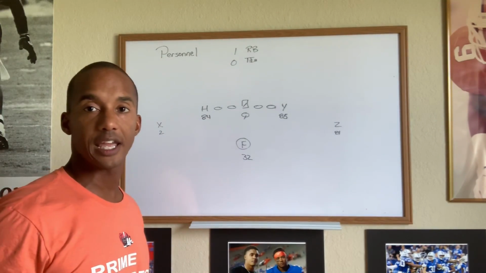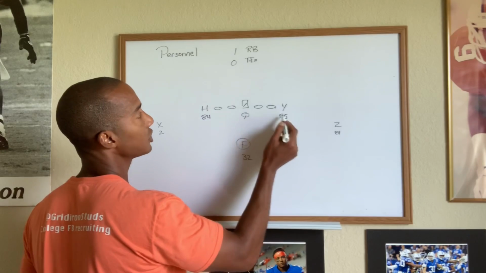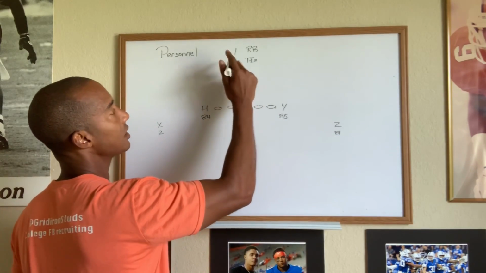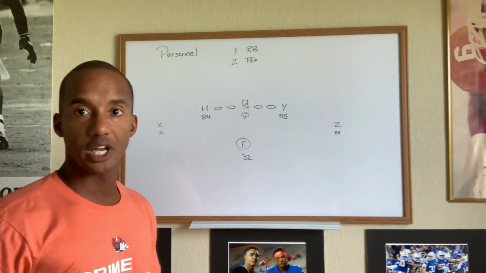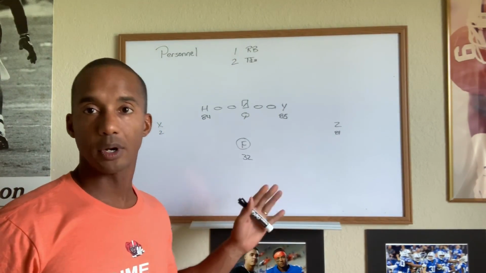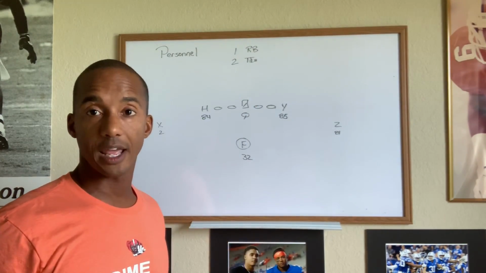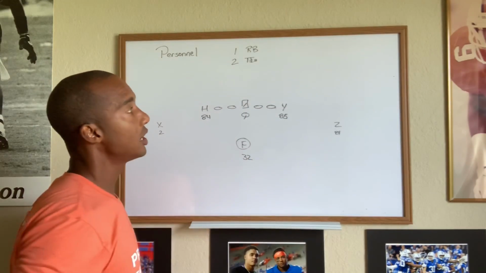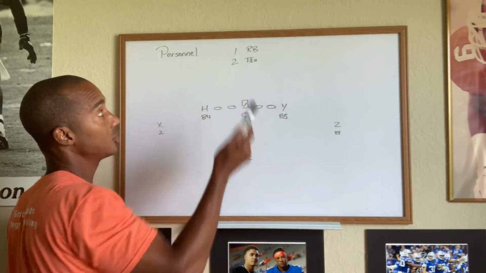So in that particular case, how many running backs do we have in the game? 1, but now we've got 2 tight ends. So this would now go from 10 personnel to 12 personnel. So in a nutshell, I'm explaining to you that the personnel call, the first number, 1, is how many running backs are in the game. The second number, 2, is how many tight ends are in the game. So in this particular case, 1 and 2 is 12.